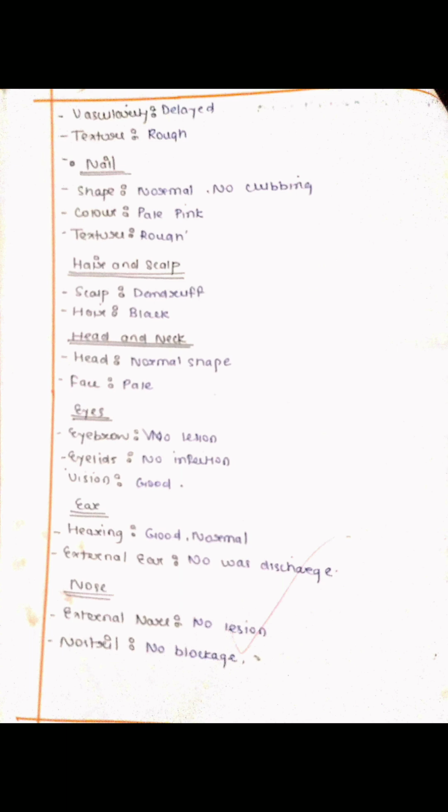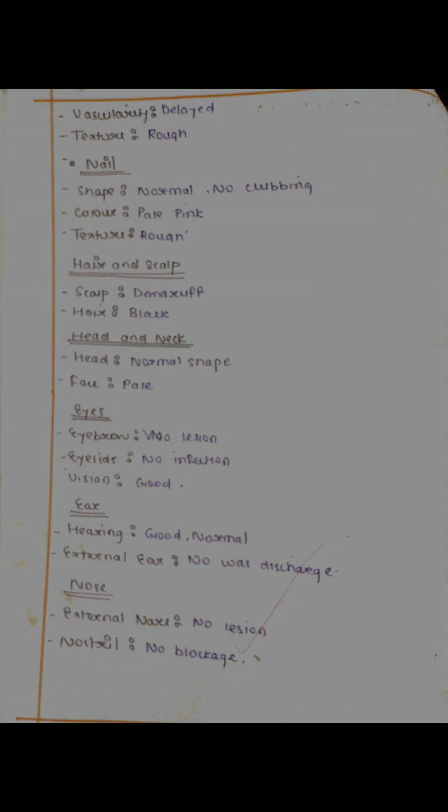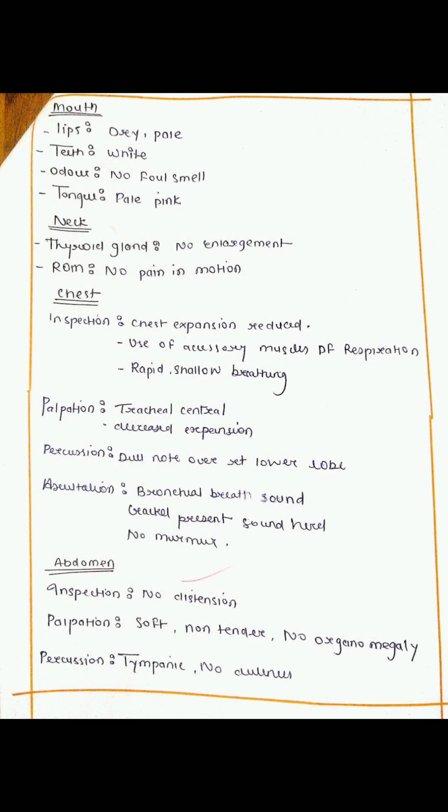Nose: whether it is deviated or not, if there is blockage, like if the person has a cold. Then mouth: we will see if the lips are dry or dull, and if sinuses are present. Then teeth: if they are white, or any foul odor. Then tongue: if it's pink, sometimes whitish. We will see the neck, if the thyroid gland is enlarged or not, and the range of motion, if the neck is painful while moving.